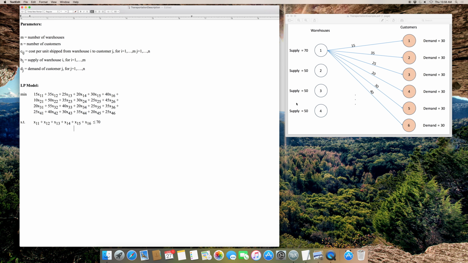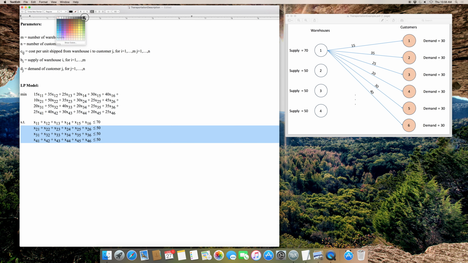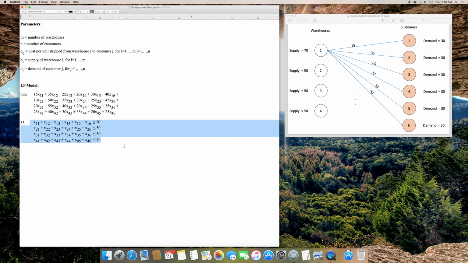What I'm saying is the amount I ship out of warehouse 1, so I can ship to customer 1, customer 2, 3, 4, 5, 6, all from warehouse 1, so you'll see that the first subscript, the I subscript, is the same here for warehouse 1, and that has to be less than or equal to 70. I write this constraint out for each of my other warehouses, so I have 4 warehouses total. I should have 4 supply constraints.